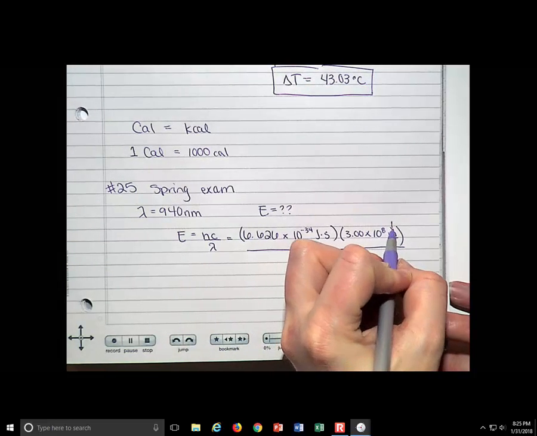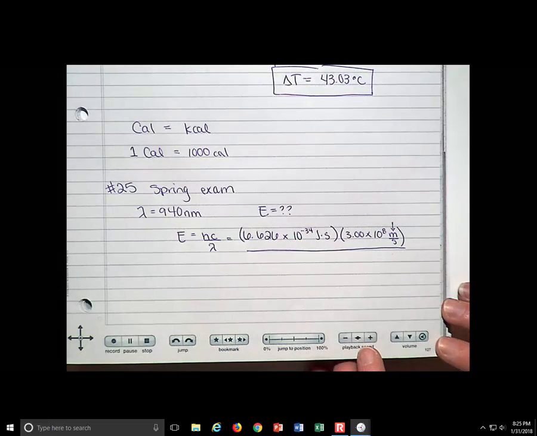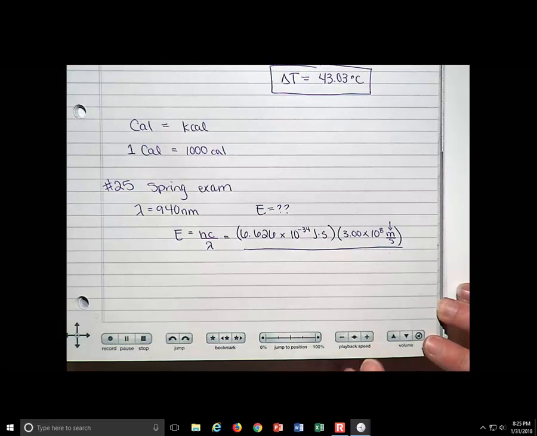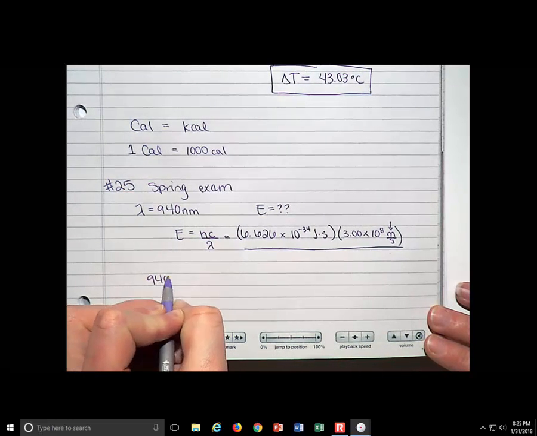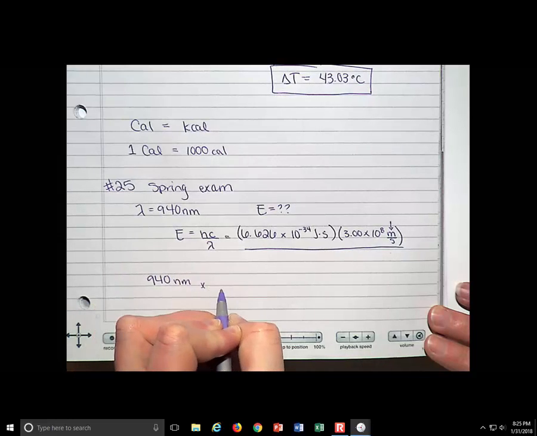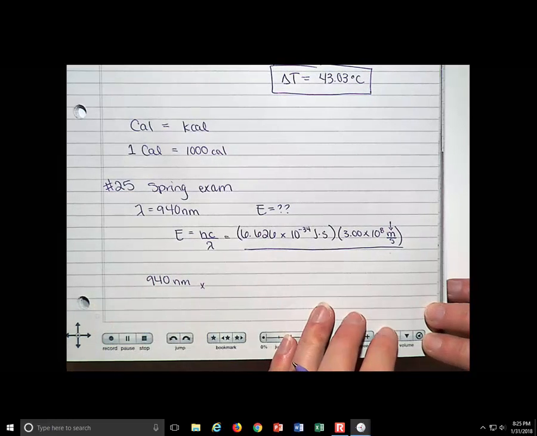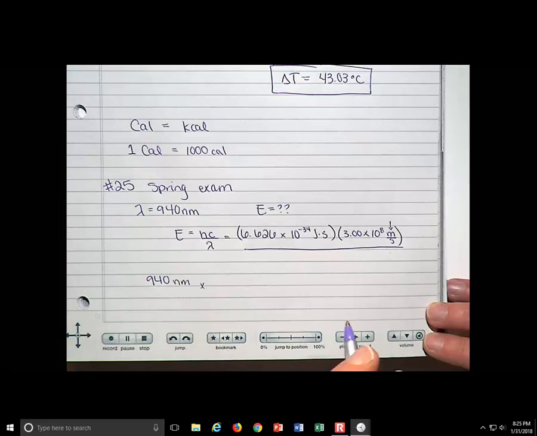But if you look here, that's meters. So I'm going to convert first to meters. So I'll take that 940 nanometers, and there are a billion nanometers in a meter.